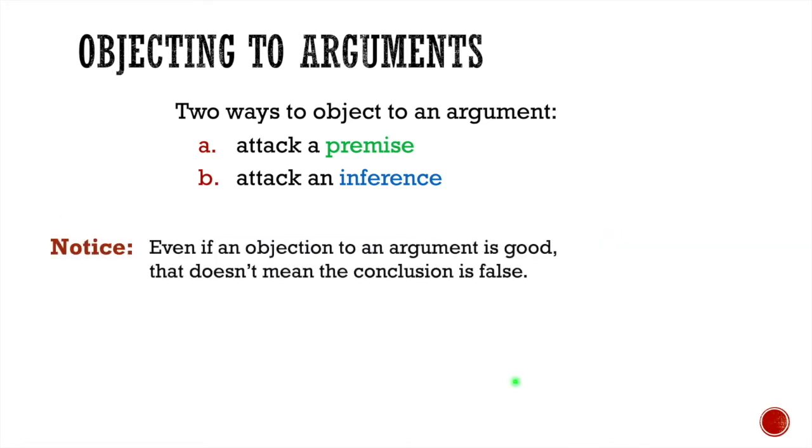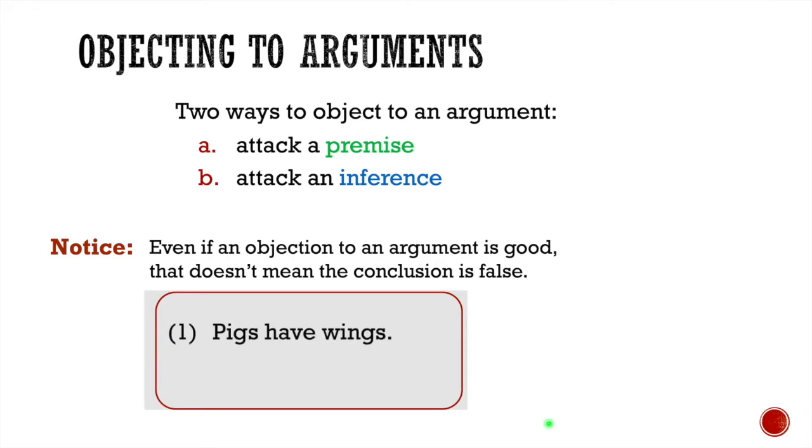Notice that even if an objection to an argument is good, that doesn't mean the conclusion is false. The conclusion could still be true. So take an example. Premise 1: pigs have wings. Conclusion: therefore, 2 plus 2 equals 4. So this is a bad argument.